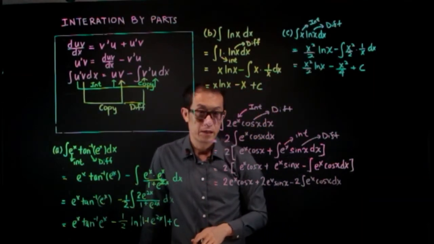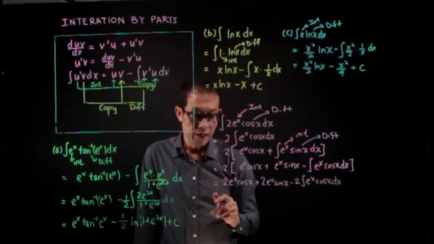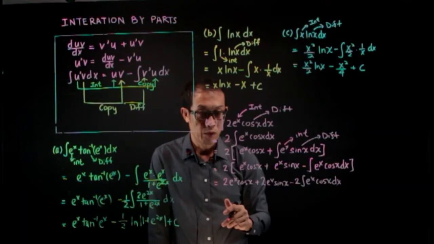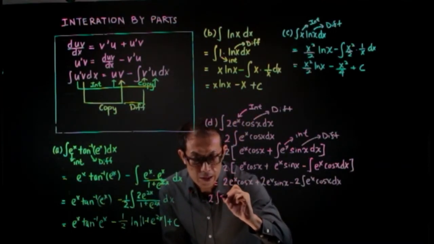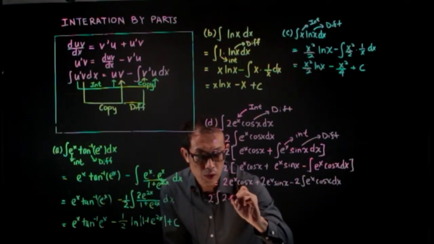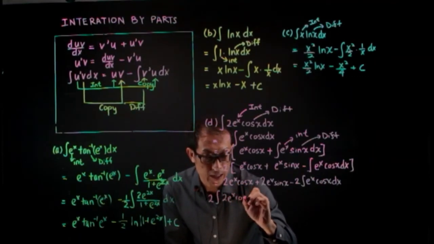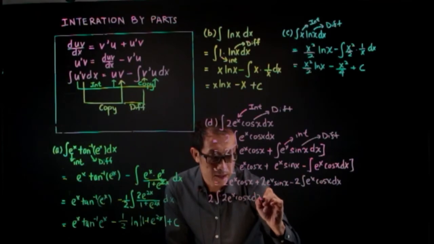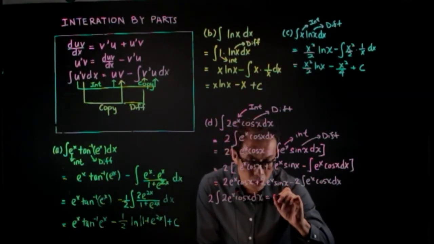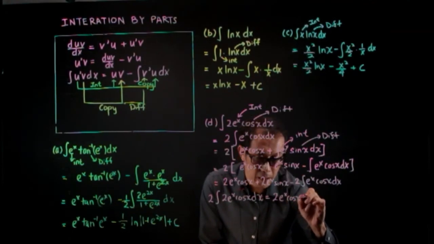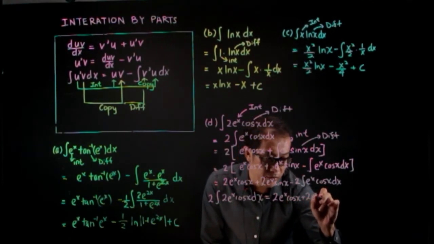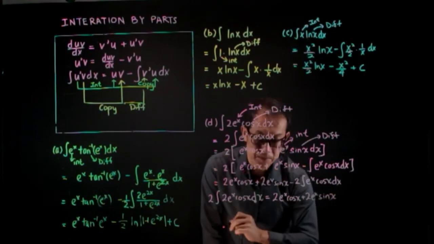Okay, and I bring this over to the left hand side. What will I get? I will get 2 integral of e to the power x cos x dx, and that is equal to 2 e to the power x cos x plus 2 e to the power x sine x.